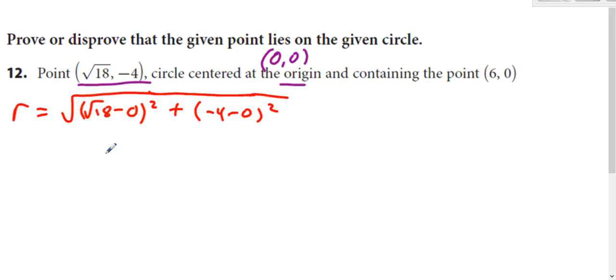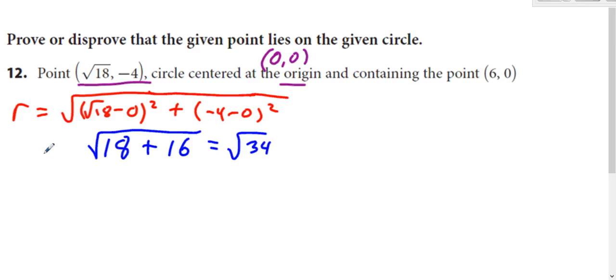So that's square root of 18 squared is 18. -4 squared is 16. So square root of 34 is our radius.